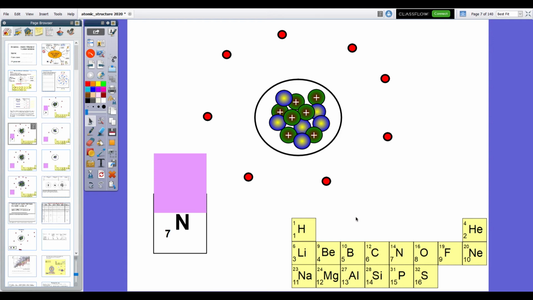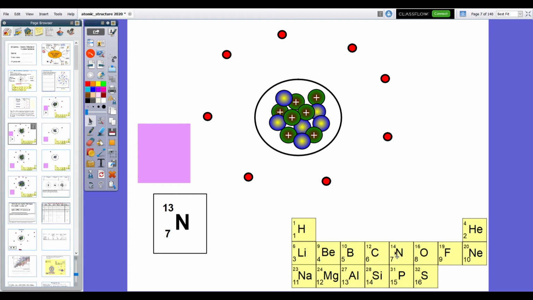Now, is it the same version that's on the periodic table? Let's have a look. 6 neutrons, and 6 and 7 doesn't make 14. It makes 13. This is not nitrogen 14 that we find on the periodic table normally. This is nitrogen 13, because there are 13 particles in here, and it's nitrogen because 7 of them are protons.